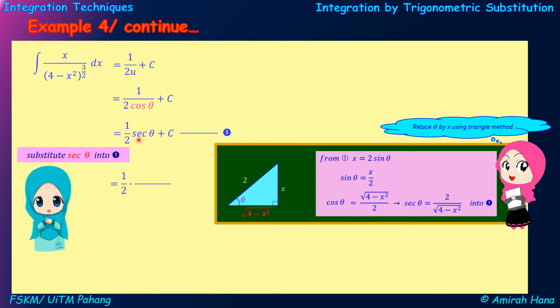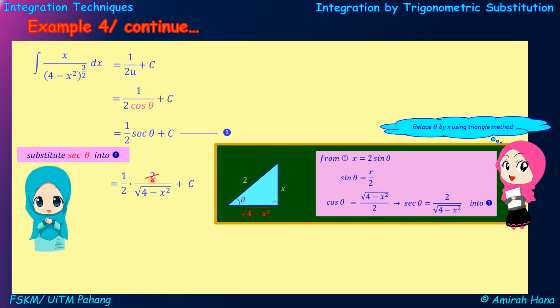After we substitute, we still have the constant half in front, and from here, our sec theta equals 2 over the square root of 4 minus x squared. So we replace sec theta here by 2 over the square root of 4 minus x squared, and then plus c here.